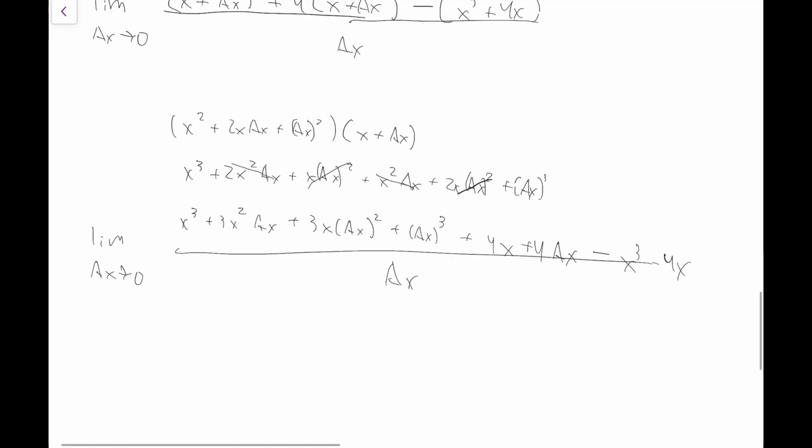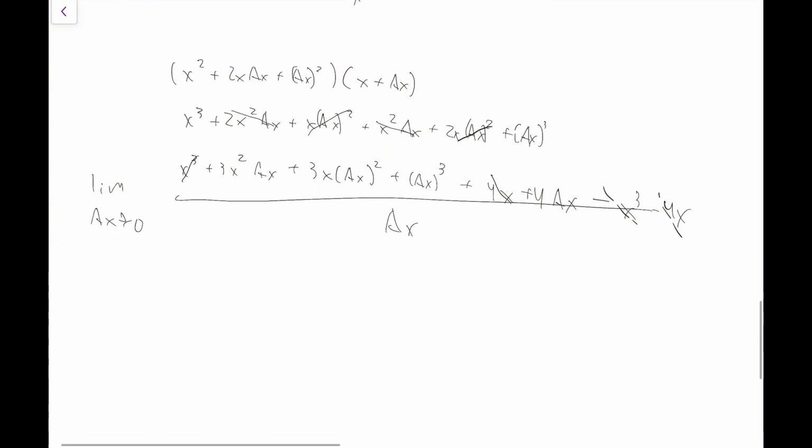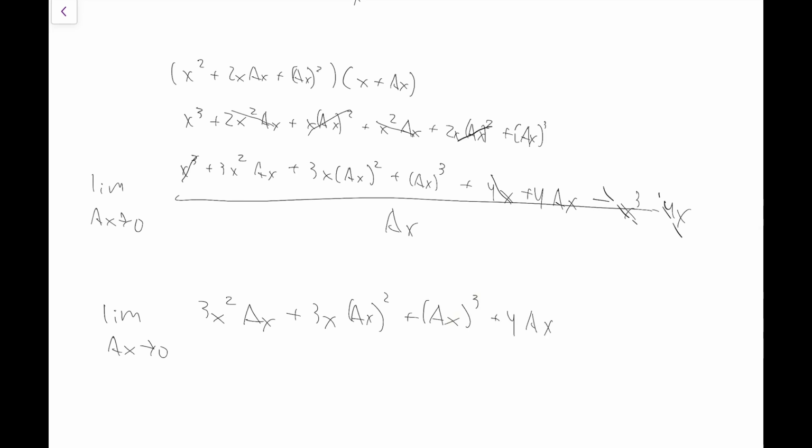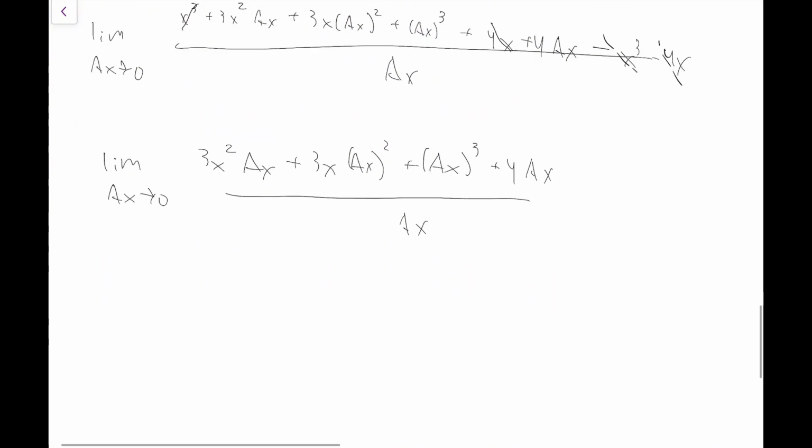So now we should be able to cross out terms such as the negative 4x, the x cubed, and that's all we can cross out currently. So then we will have the limit of delta x approaches 0, 3x squared delta x plus 3x delta x squared plus delta x cubed plus 4 delta x over delta x.